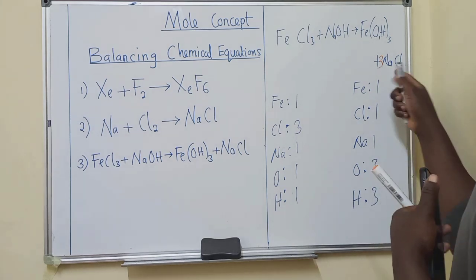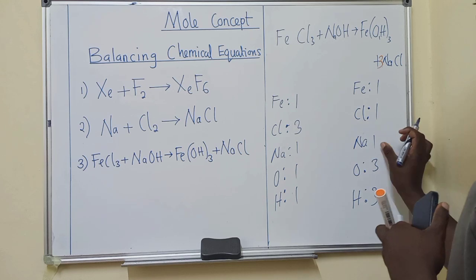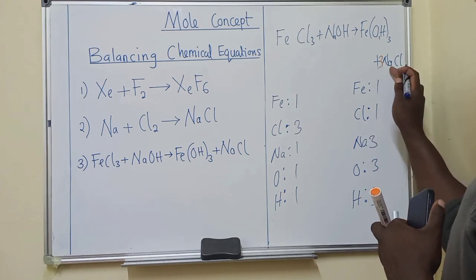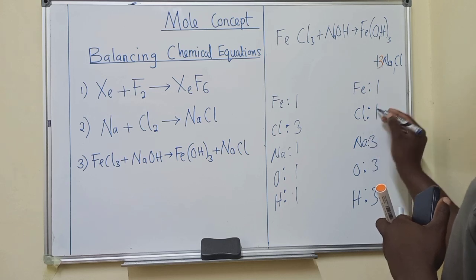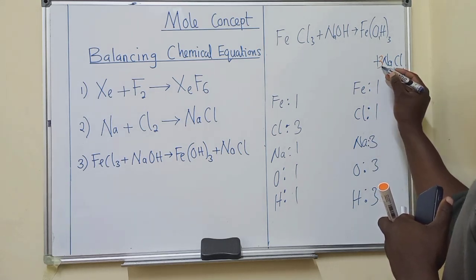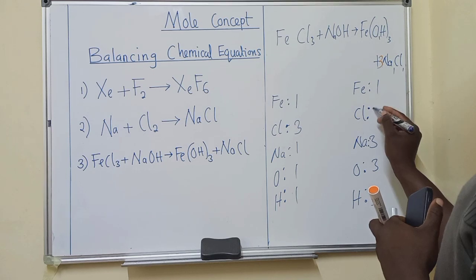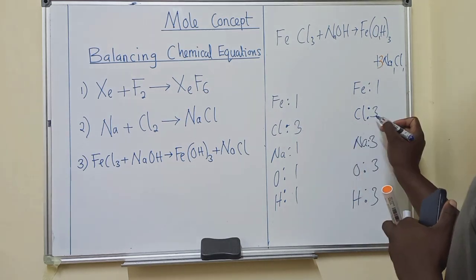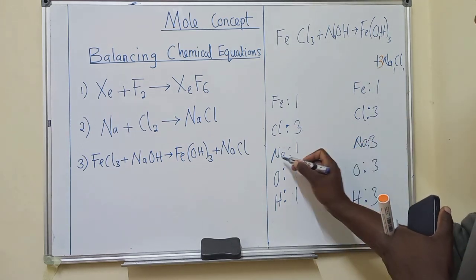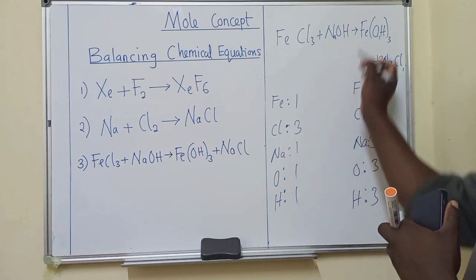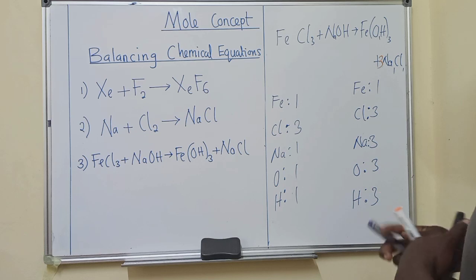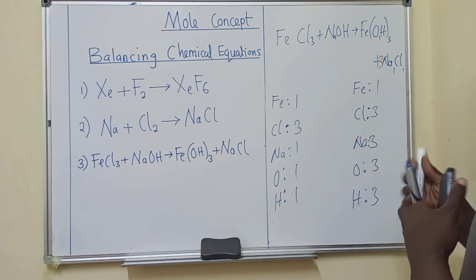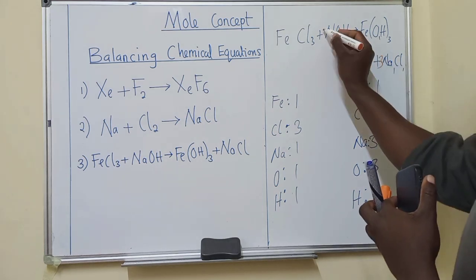This sodium has changed: 1 times 3 is 3, and chlorine has also changed, 3 times 1 is 3. So chlorine has balanced, but we have disturbed the sodium. We need to balance the sodium on the other side, so we put a 3 right here.